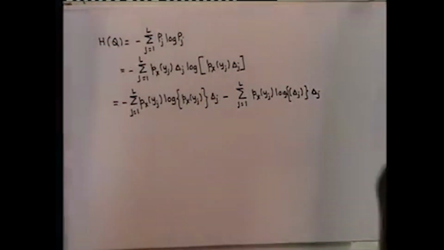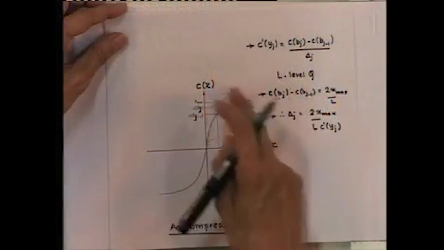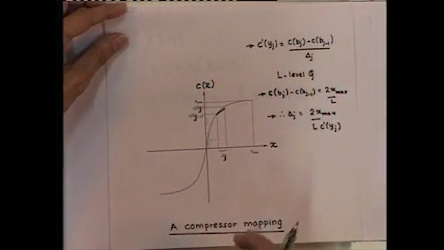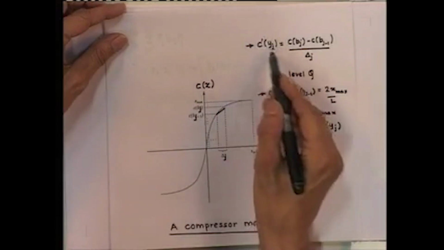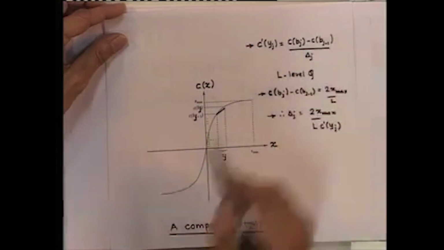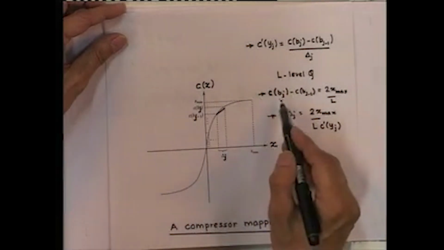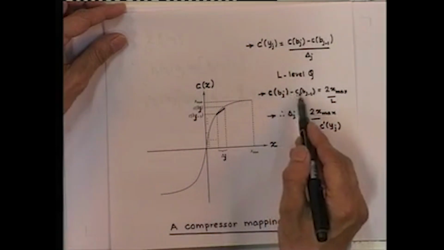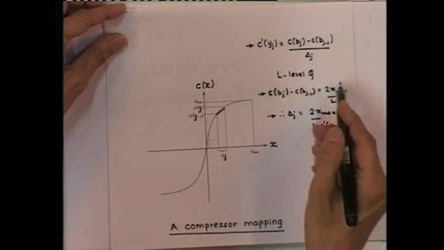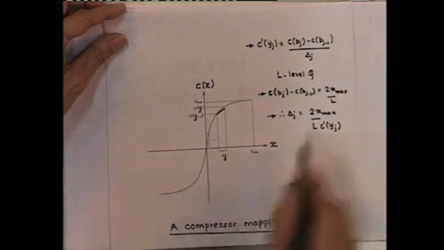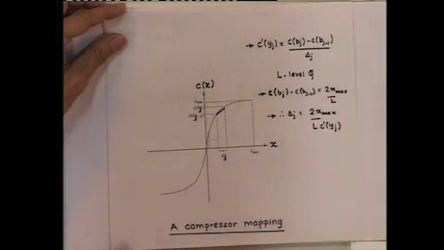Now, in the earlier class we had seen that a compressor mapping in general has the following characteristic, and if the interval is very small for very high rates, then the derivative at reconstruction level y j can be approximated by this expression, and then C of b j minus C of b j minus 1 itself is equal to 2 x max upon L, in which case we get delta j is equal to this expression out here.